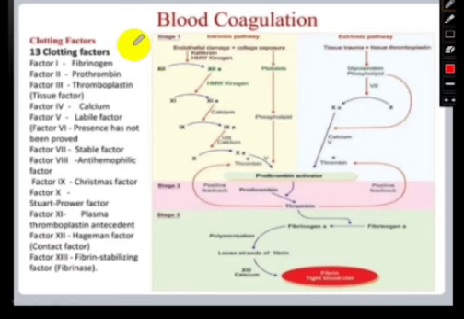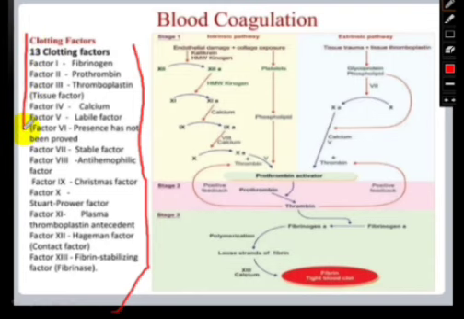So right here, you have the 13 clotting factors. I have listed all of them for you to make this very easy, from 1 to 13.